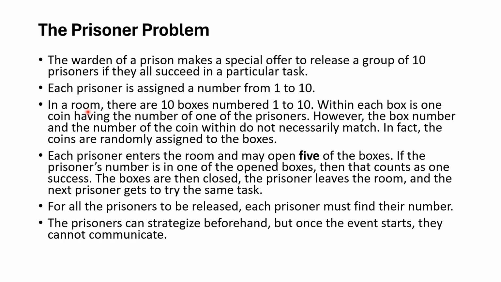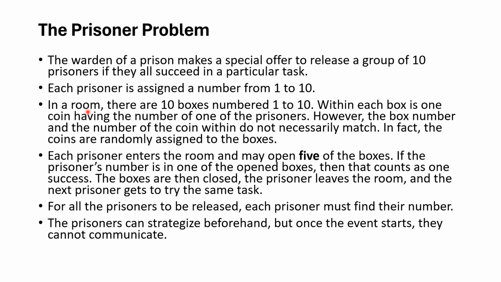He won't be able to communicate with the other prisoners, and the room is returned exactly as it was. So there's no way of leaving marks on the boxes, turning the coins a particular way, or leaving a mark on the floor. There's no possibility of the prisoner leaving any information once they get outside. Again, the boxes are closed, everything's returned exactly as it was, and then the next prisoner comes in.